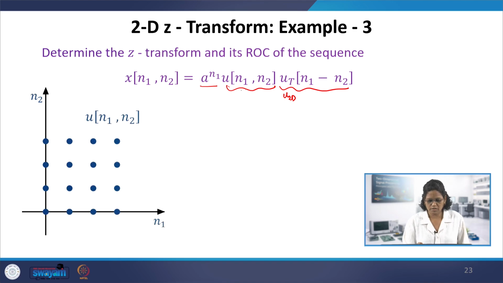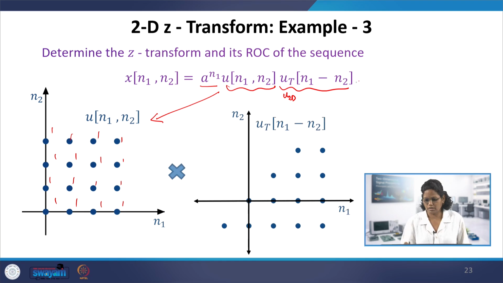The first sequence is known, that is a step sequence which carries all the values 1 for n1, n2 greater than or equal to 0, and for u of n1 minus n2, the values where n1 minus n2 is greater than or equal to 0 are 1. So in that case it would give the diagonal here, and with respect to the diagonal, n1 minus n2 greater than or equal to 0 would result in 1. So the first sequence is this, the second sequence is this.